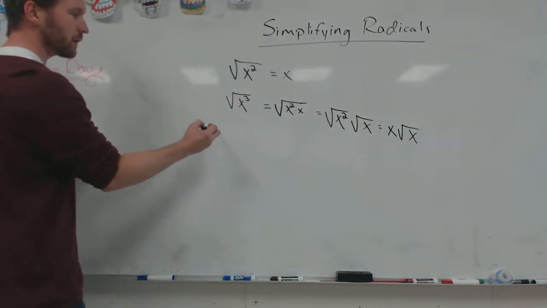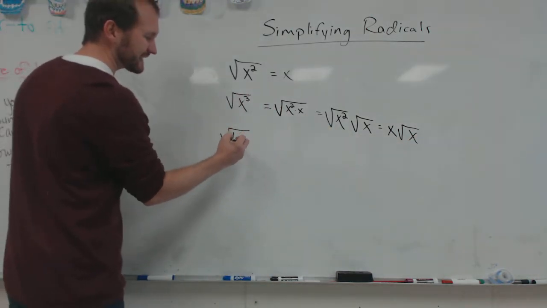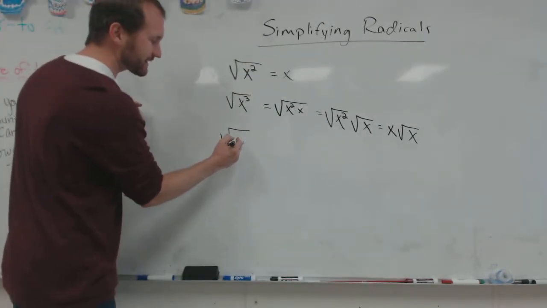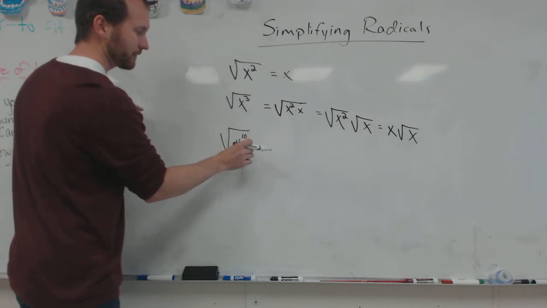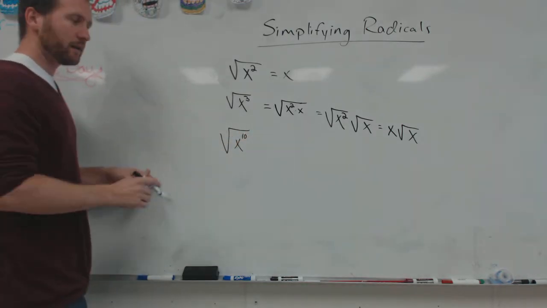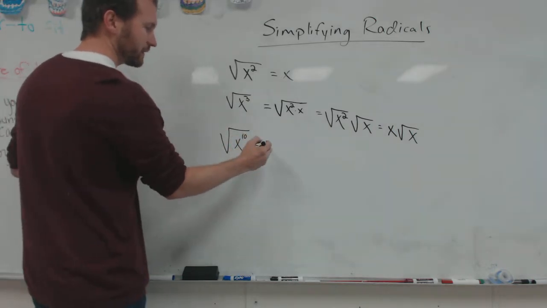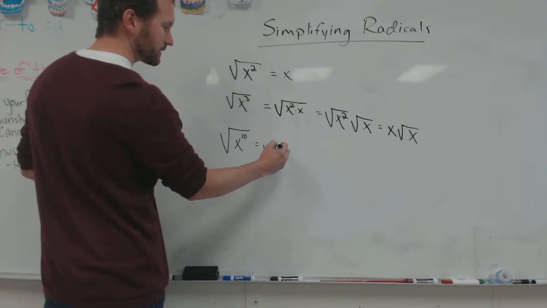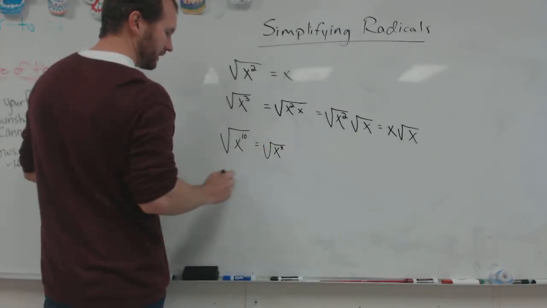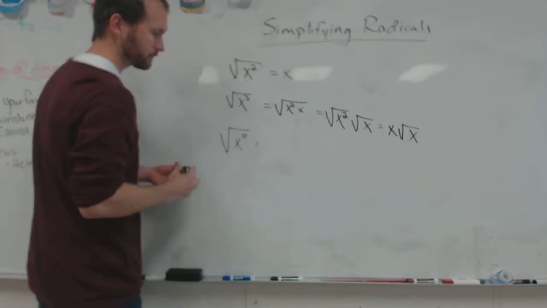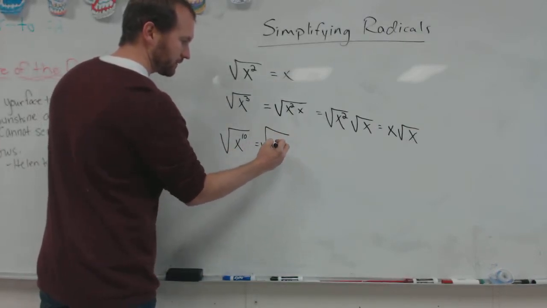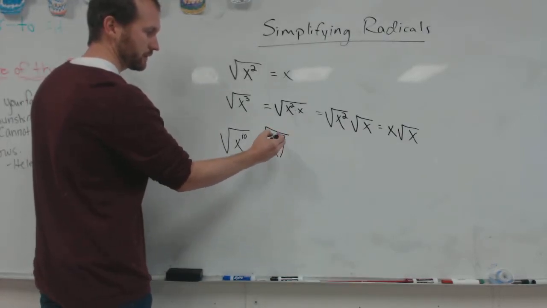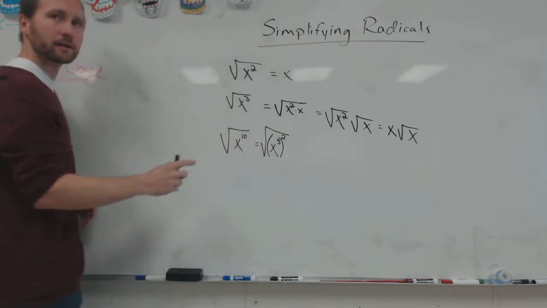So even if you start with the square root of x to the 10, right? This is the square root of x to the 5th squared, and I'm going to kind of use the exponent rule here. 5 times 2 equals 10.